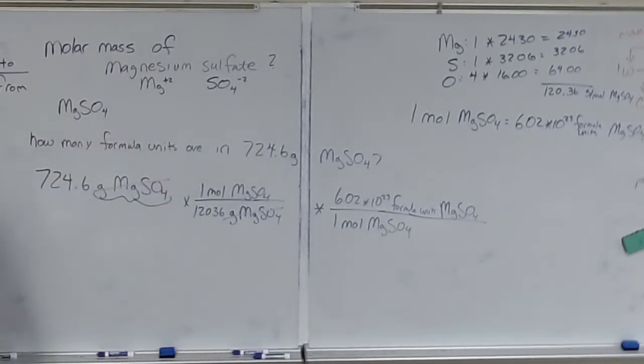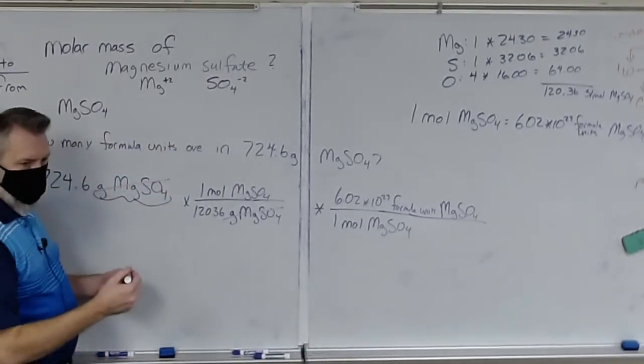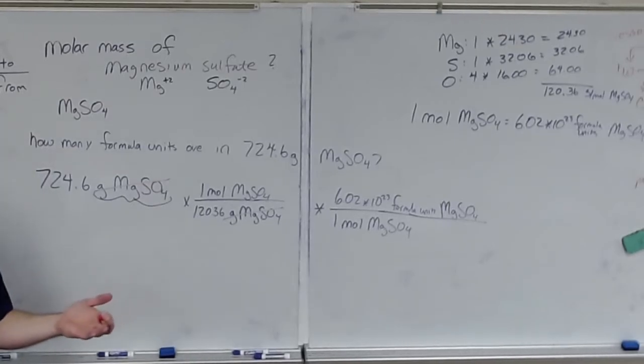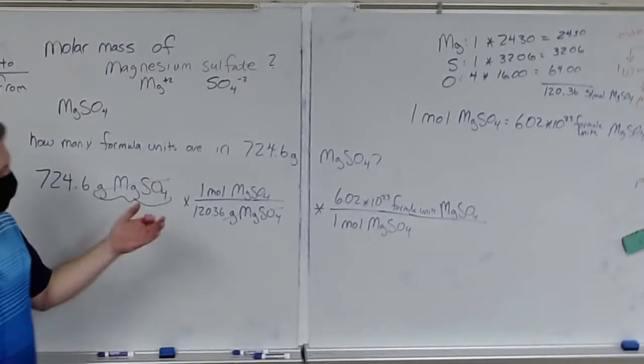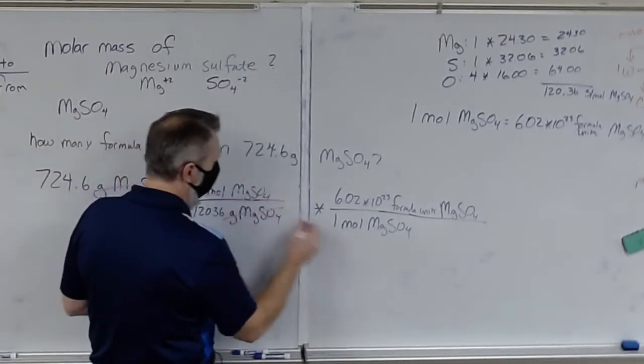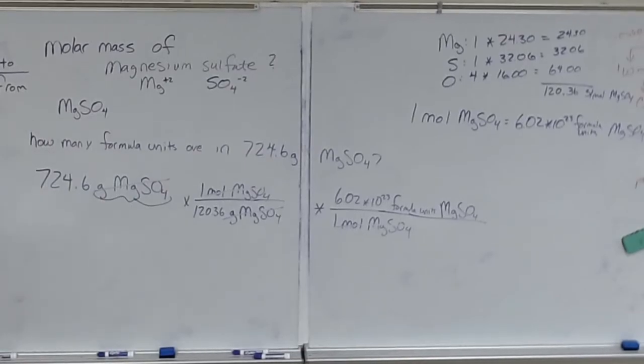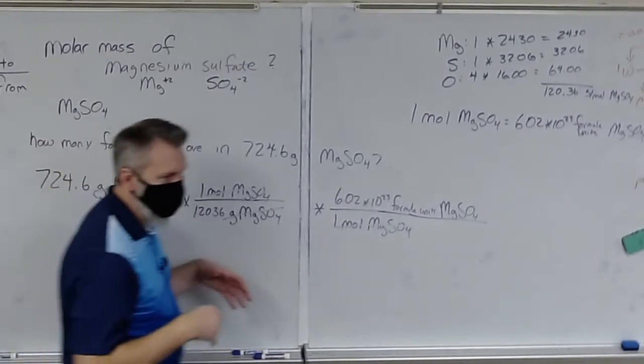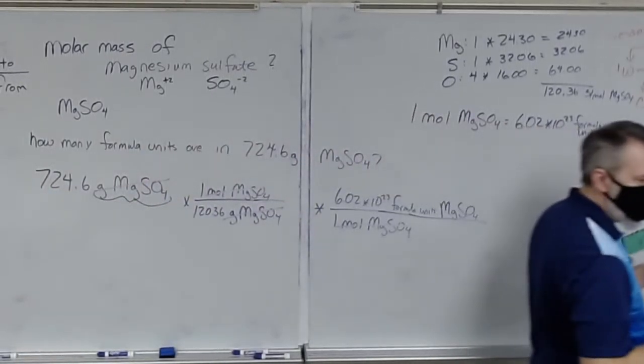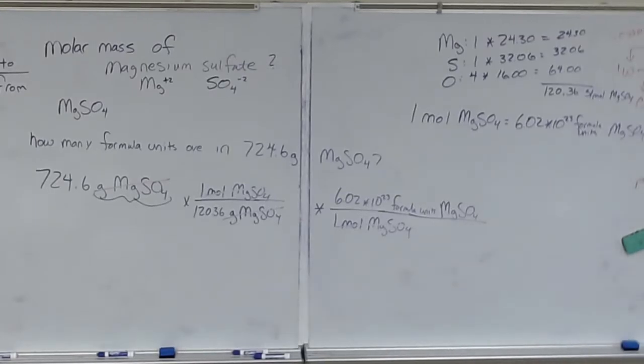I want you to mark out, what can we cancel? Moles of MgSO4. Yeah, these things go together, and you'll understand why when we hit this unit. So now if I were to solve this, my units would be what? Formula units. Is that what I asked you for in the question?